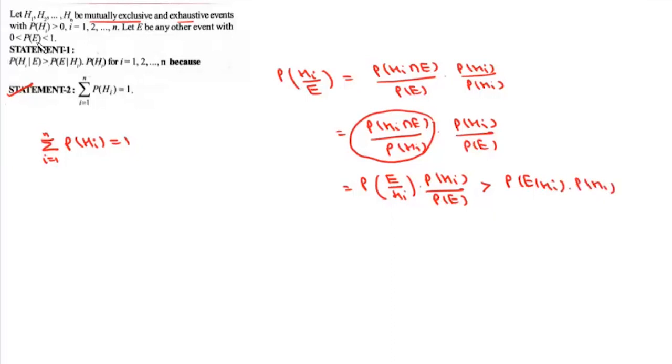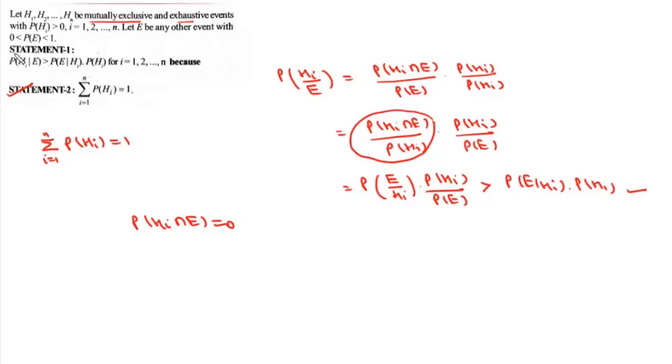So the statement 1 appears correct, but then there is this one case: if P(phi intersection E) is 0, then the left hand side and right hand side both become equal to 0. In that case the statement 1 is not correct. So the statement 1 is not always correct.